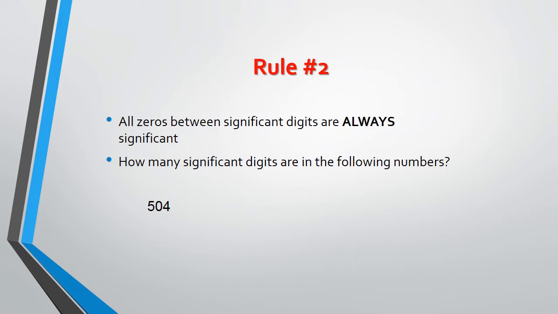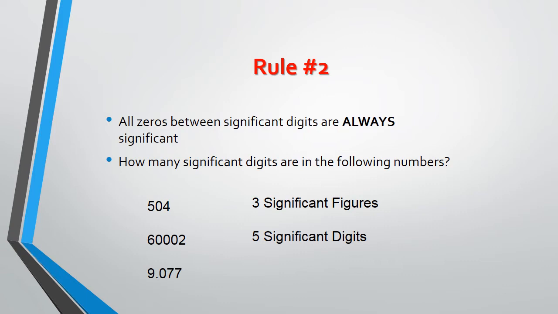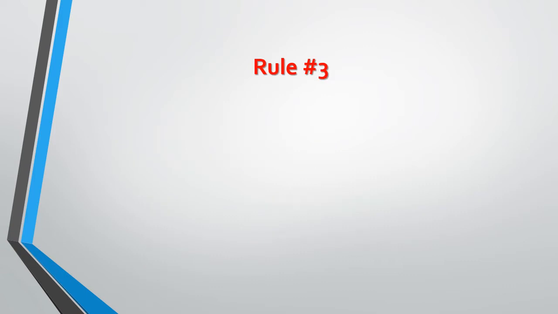How many significant figures do we have? 3. How about this one? All 3 zeros are significant because they are between 2 non-zero digits. Answer is 5. And last, we have 0 on the right side of the decimal, but it's between non-zero digits. The answer is 4.